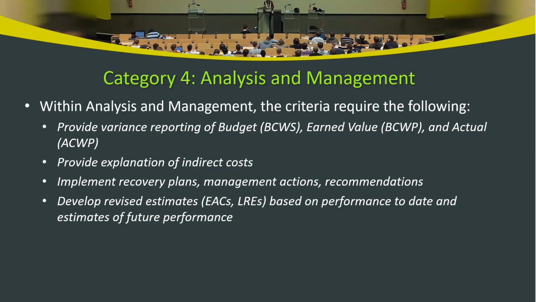Fourth category of EVMS is analysis and management. This includes four elements here. First one, we talk about BCWS, BCWP and ACWP, and second bullet talks about explanation of indirect costs.